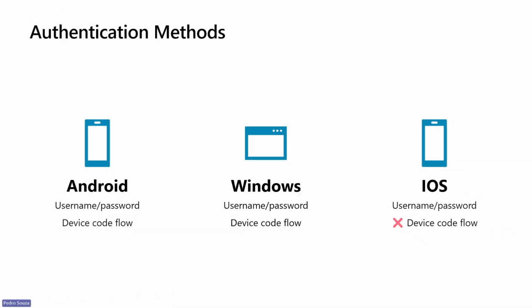Regarding authentication methods, the other authentication methods will be mostly the same for Android, Windows, and iOS, except that device code flow will not be present on iOS. The reason for that is that Microsoft's official library for iOS doesn't support device code flow anymore.